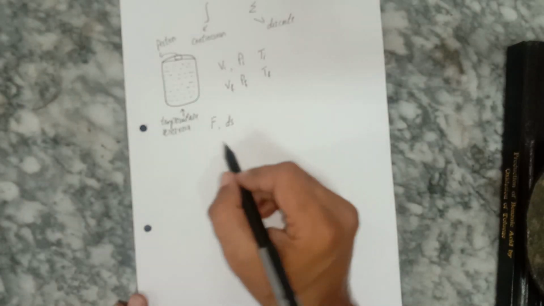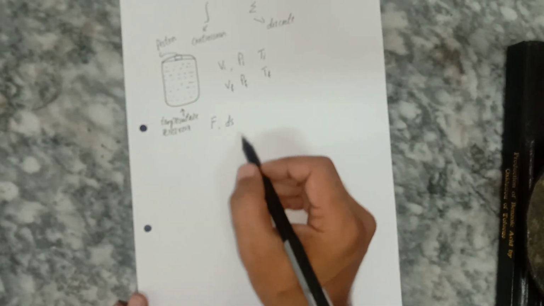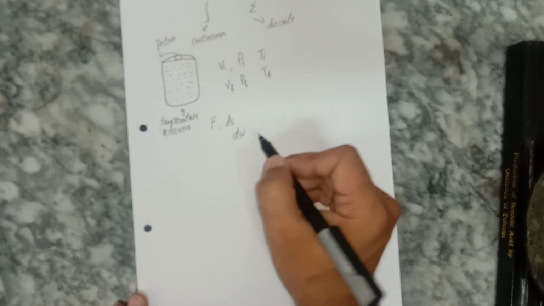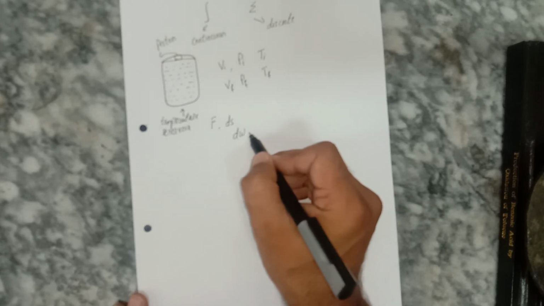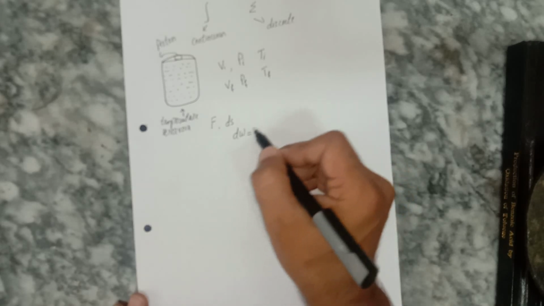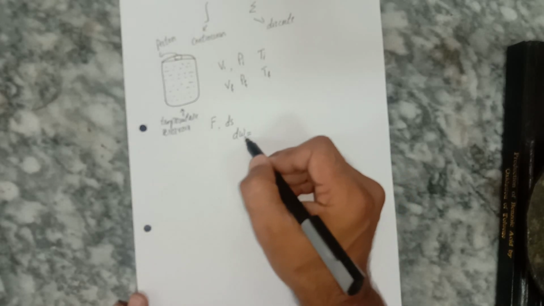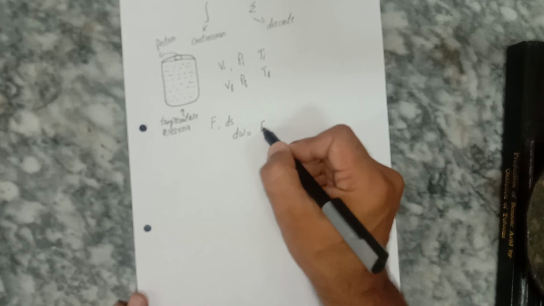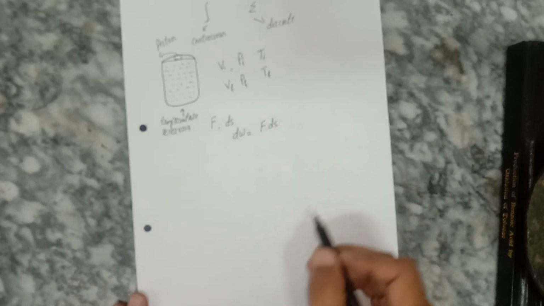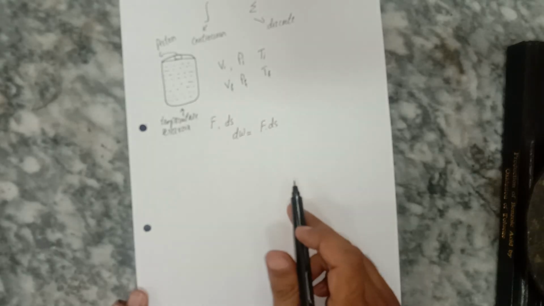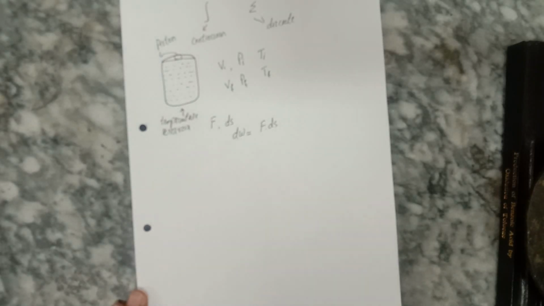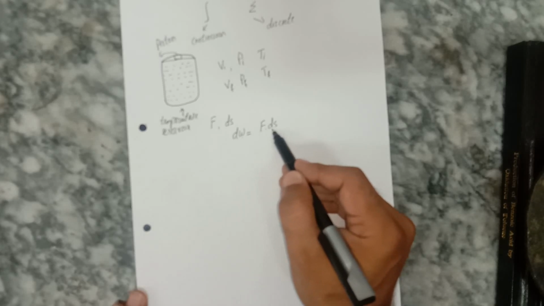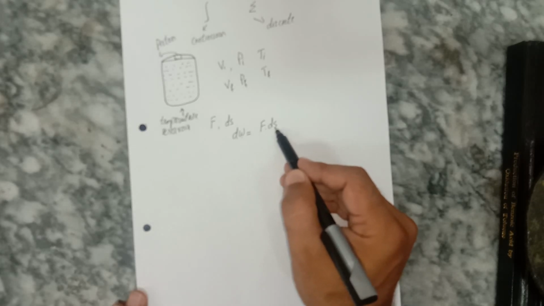Now the small amount of work done as the piston moves upward would be dW, a small change in work, equal to force times the displacement. You know that work is F dot D. Since I am taking a differential change in work, that is a differential change in displacement.